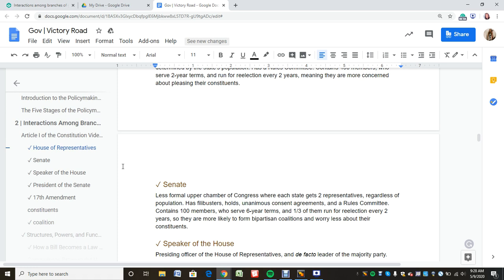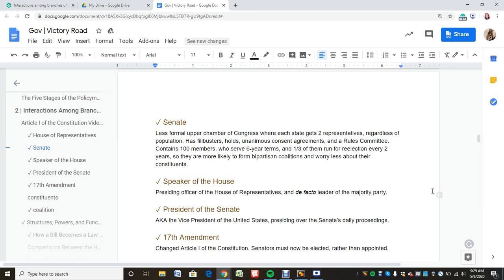So, as I said, there's 100 members and they serve 6 year terms. So, a third of them are up for election every 2 years. But because they have 6 year terms, they're not as connected to their constituents. They're not as concerned. They're still going to listen to their constituents because they want to get reelected, but not so much as those of the House of Representatives.